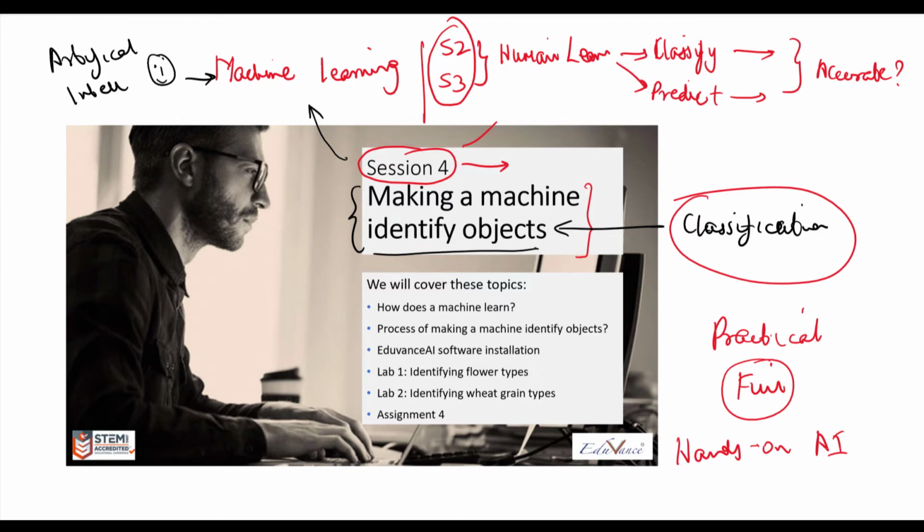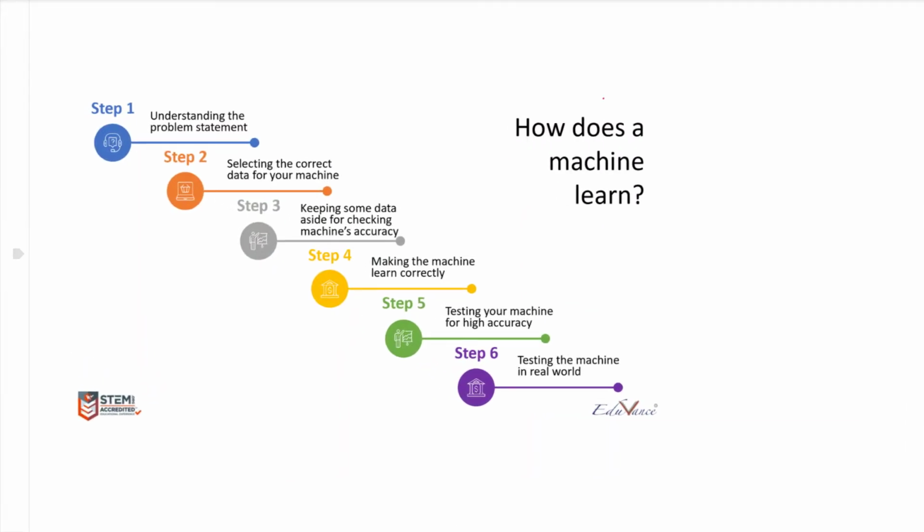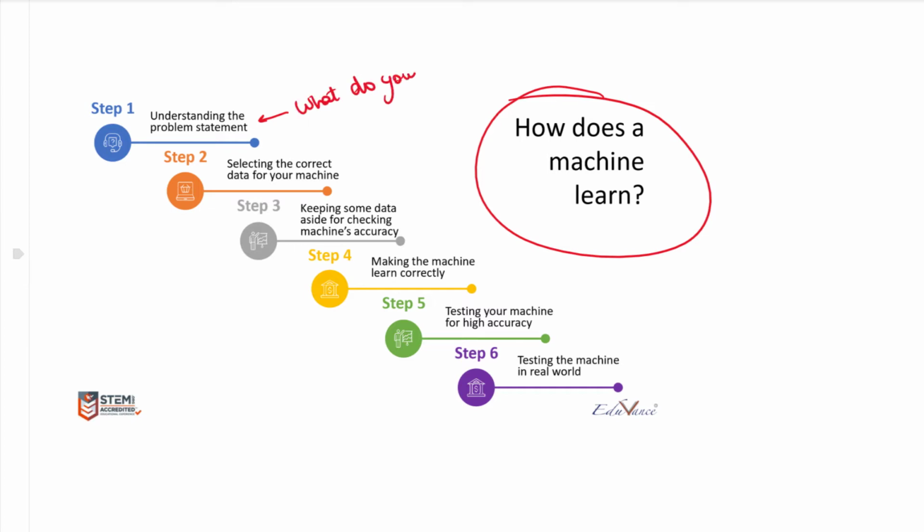So now, first things first, how do we make a machine learn? First and most important point is for you to understand the problem statement, which is what do you want your machine to learn? That's the most important thing.